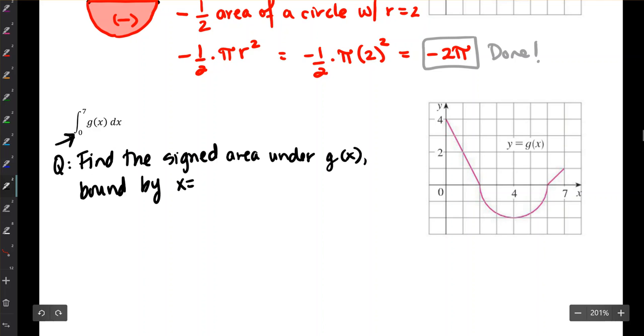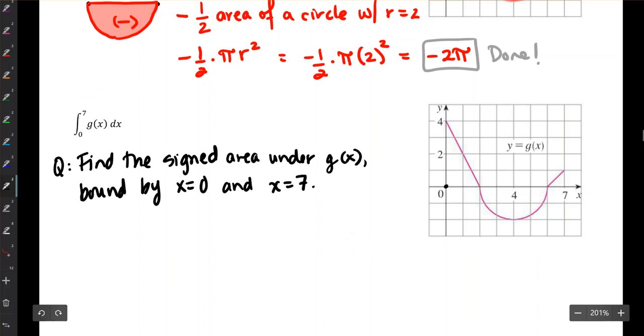So this is where you're starting, and this is where you're stopping. x equals 0, and x equals 7. So notice we're going from here, from 0 to 7. We've actually already found some of the work here. We went and found this area. We found this signed area here. And this is all that's left to be done.